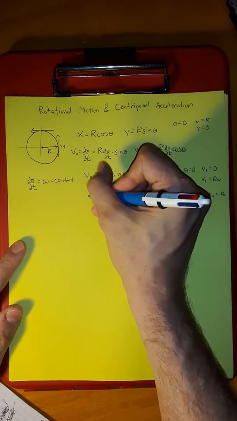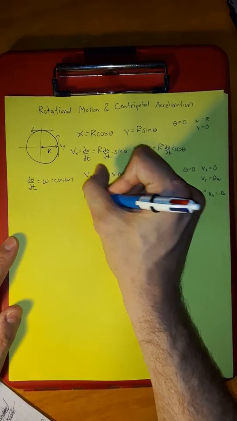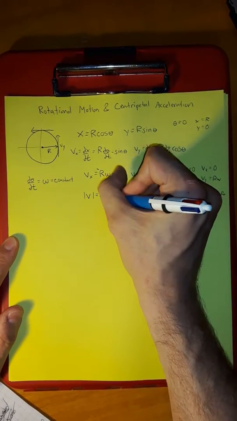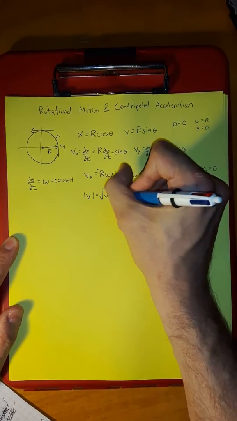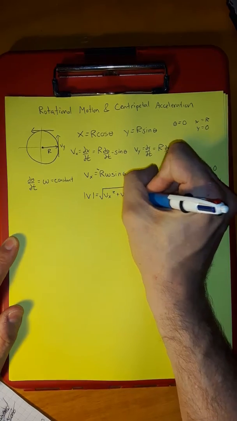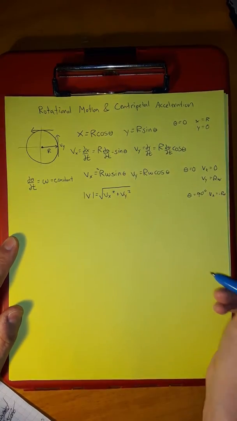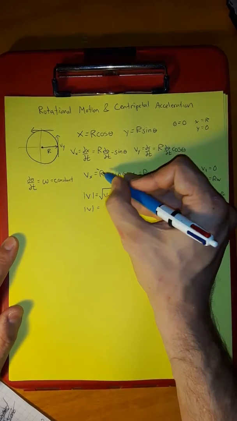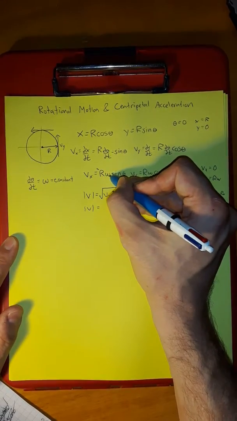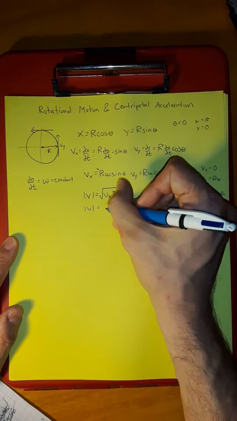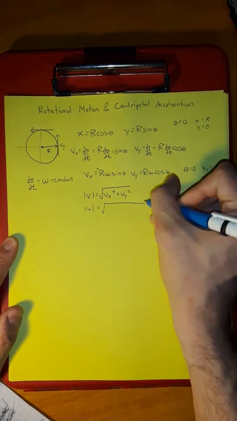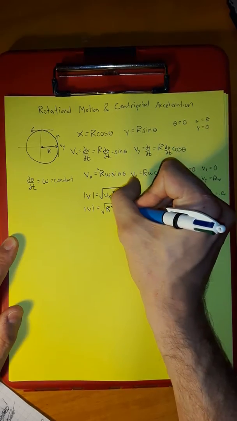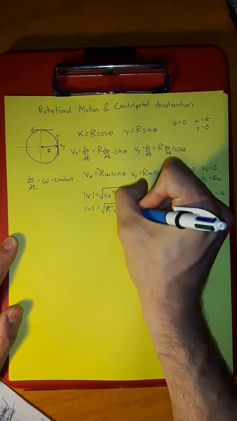We can also show that the magnitude of the velocity at any point is going to be the square root of Vx squared plus Vy squared. This is just from the definition. And if we sub in our values here, we're going to get negative r omega sine theta squared, so the r will be squared and the negative will go away.